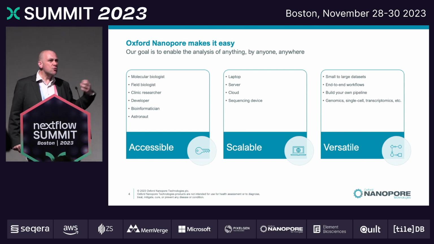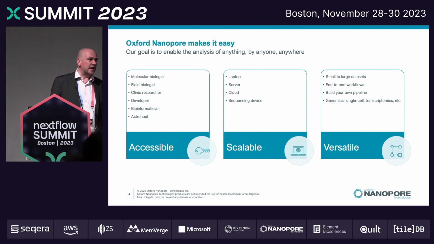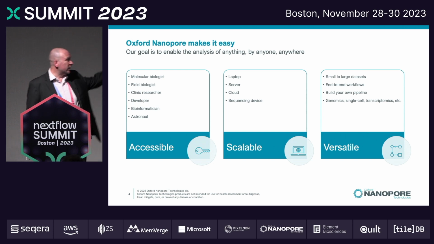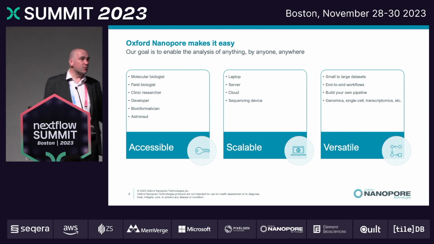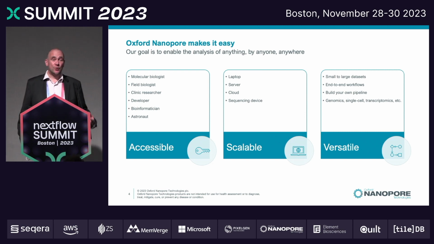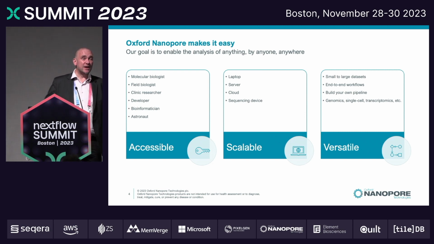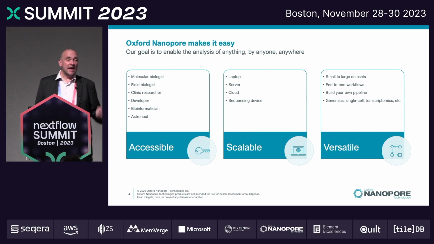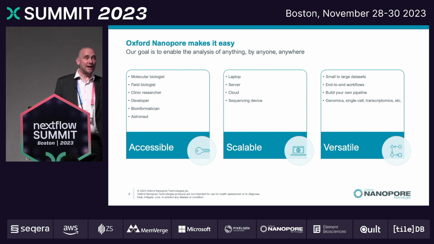This means that if we're truly going to democratize the sequencing, should we also not be bringing bioinformatics to these same users? This means that the users, shown in the first panel, could range from molecular biologists who are doing field research, through to astronauts who are floating around in the space station and need to understand, is that biofilm that is rapidly proliferating on their spacecraft going to generate a big problem, and should they stay in space forever?